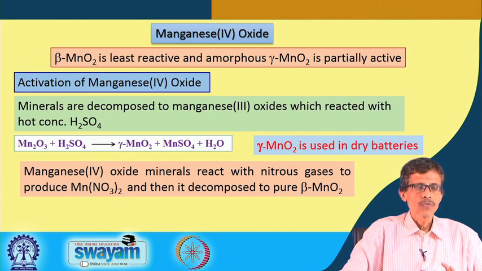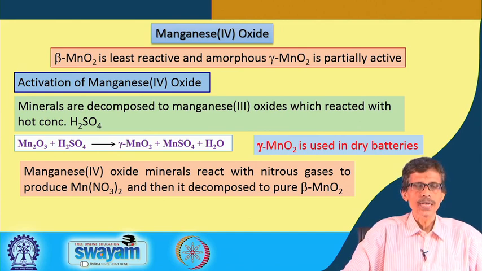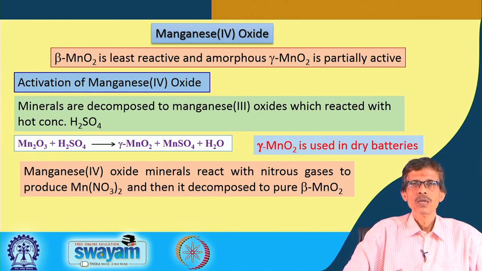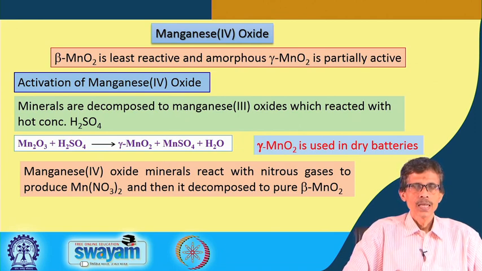Then the 4 oxide can be prepared nicely, for improvement of the composition or the quantity of manganese dioxide, which can react with the nitrous gases, that means nitric oxide or nitrogen dioxide, to produce manganese nitrate.